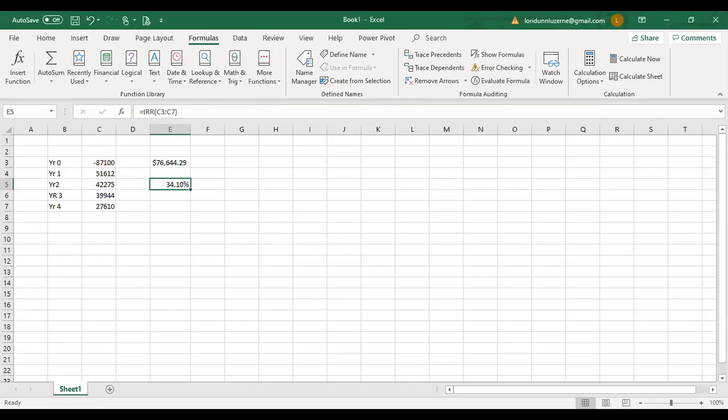So negative 87,100, comma, 51,612, comma, 42,275, comma, 39,944, comma. Do my numbers look right in the cells? 27,610. Close the parenthesis. Again, an error.